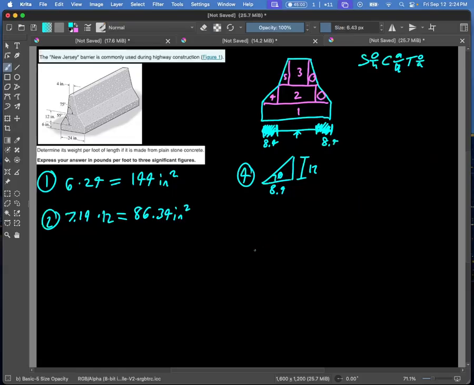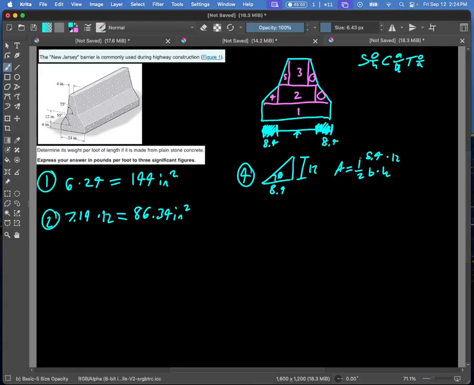Okay. We can just solve for shape 4 right now while we have it. The area of a triangle is 1/2 base times height. We have a base of 8.4 and a height of 12.